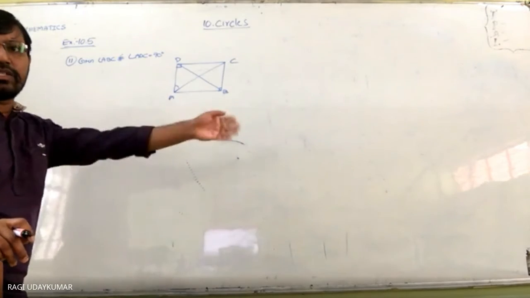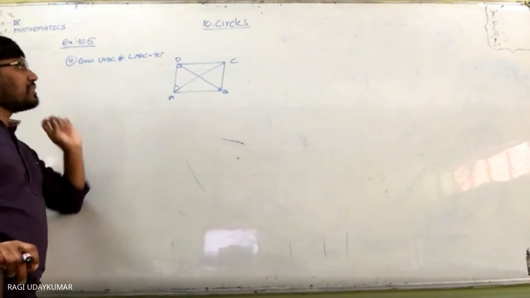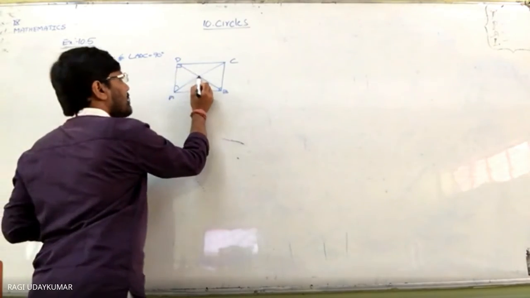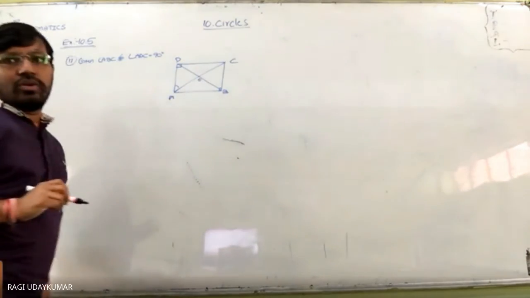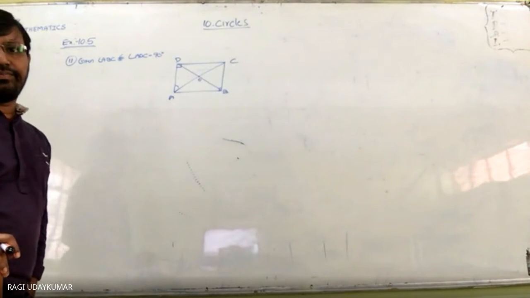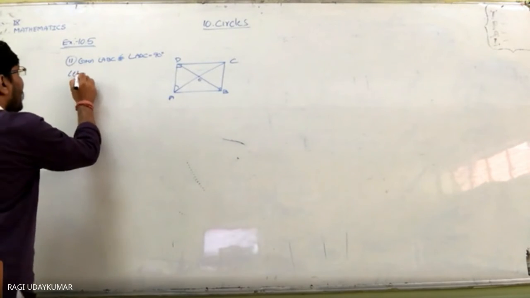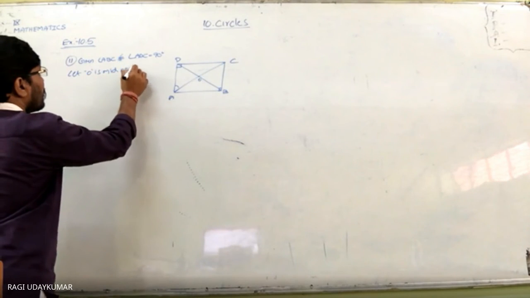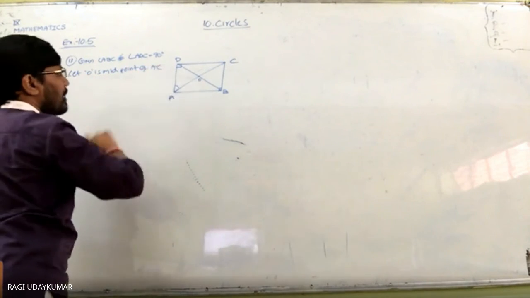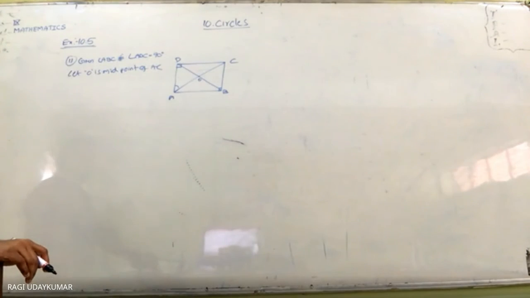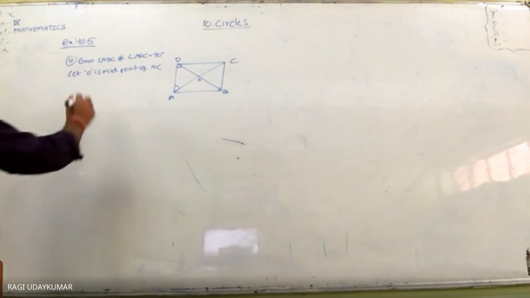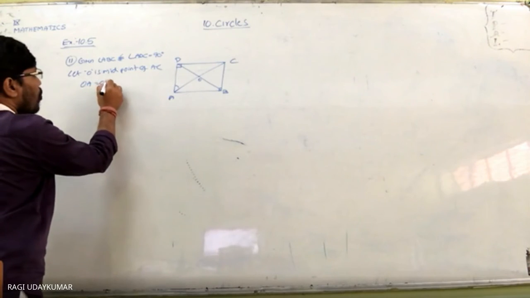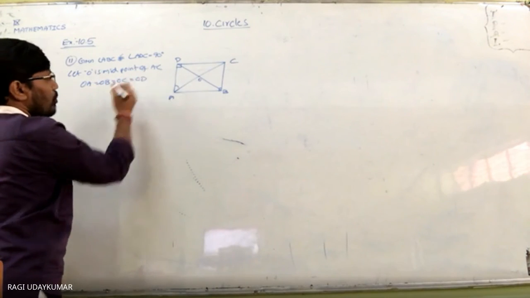Whenever you are considering this, O is the midpoint of the hypotenuse. Let O be the midpoint of AC. Then you can say that OA is equal to OB is equal to OC is equal to OD.